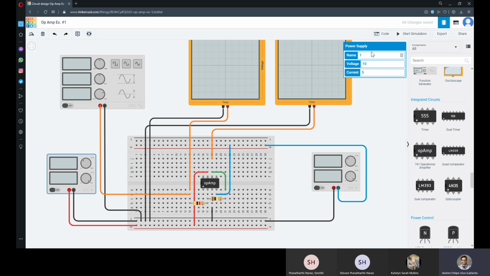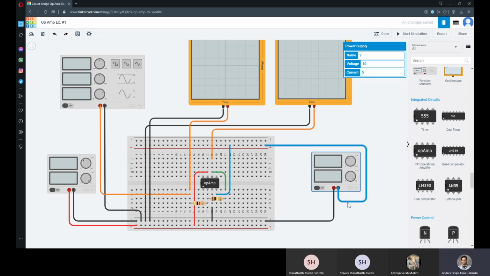I have set the voltage to 10 volts, just to be on the safe side. Then I have this other one where, to be able to provide a negative voltage, I have made my positive connected to the same level as my negative on the other one. So this is going to be my ground level, so this is 0.